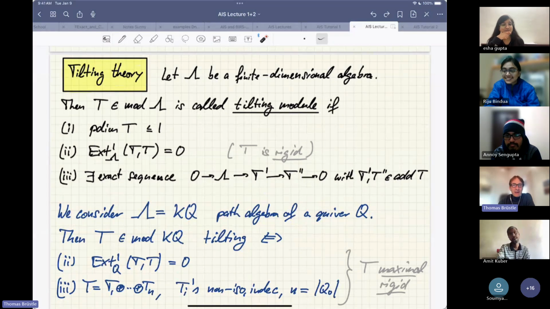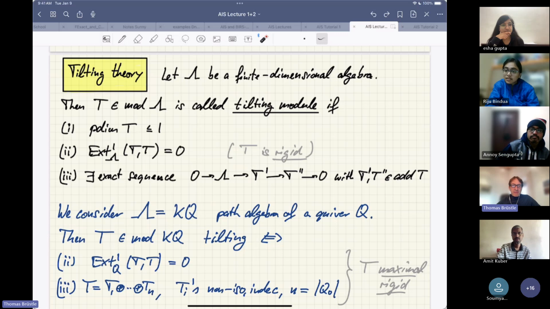So there was some resistance in the beginning, and it took really a while until the community of representation theory made the move from tilting to cluster tilting, until they realized that maybe cluster tilting is a good extension. Maybe there's some advantage of moving away from tilting to cluster tilting. And that took a couple of years.